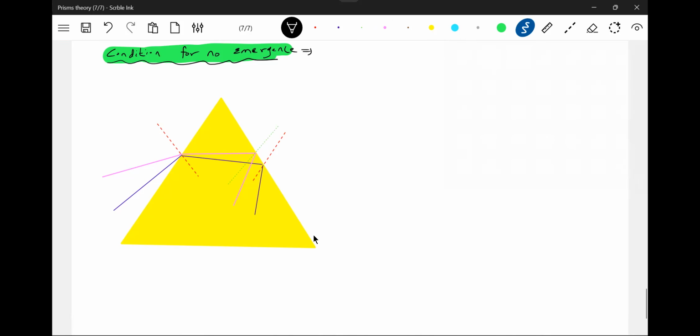This is ray 1, this is ray 2. So what's happening here is, it should not emerge from the other surface. A ray is incident on a prism, but it should not emerge from the other surface. So that's the condition for no emergence. So what is the maximum upper limit? It will be 90 degrees.